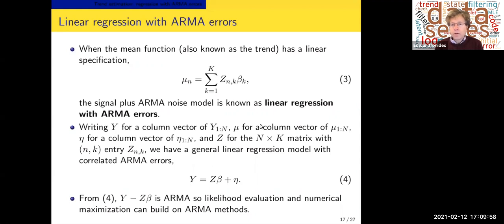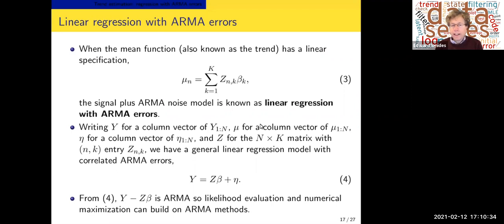So suppose we can make a reasonable linear specification of the trend where mu_n is the sum of z_nk beta_k, where beta_k is some collection of coefficients and the z_nk are the covariates. In this case, when eta is ARMA, we have a linear regression with ARMA errors. Let's put this into the kind of notation of linear models.